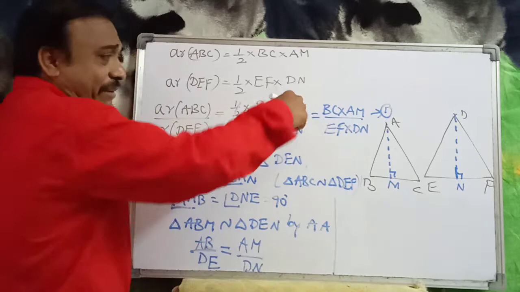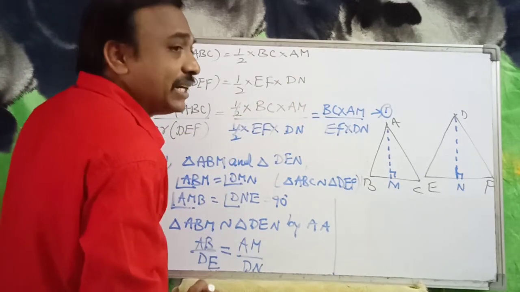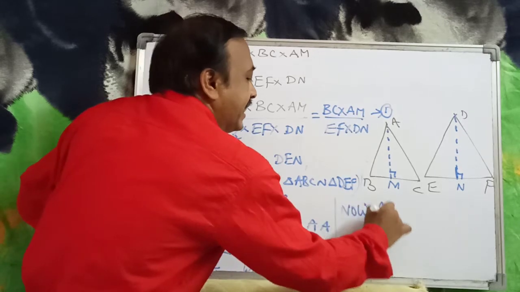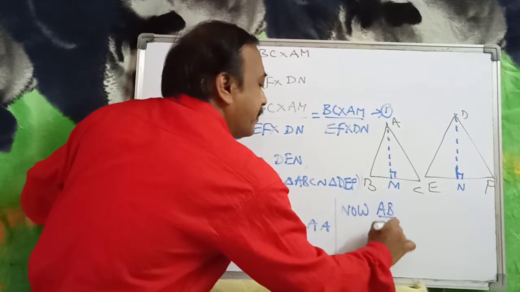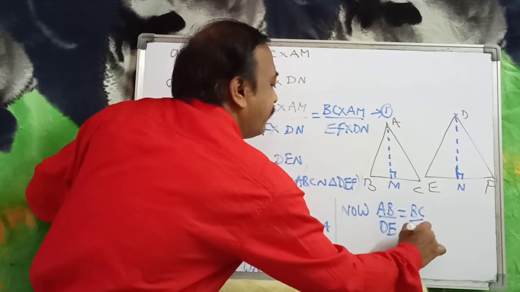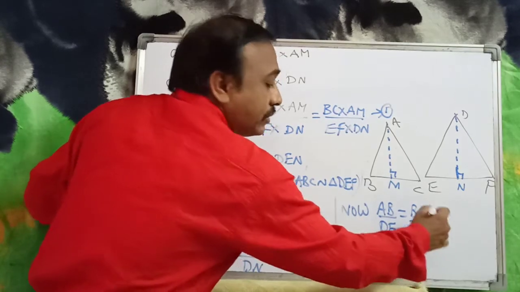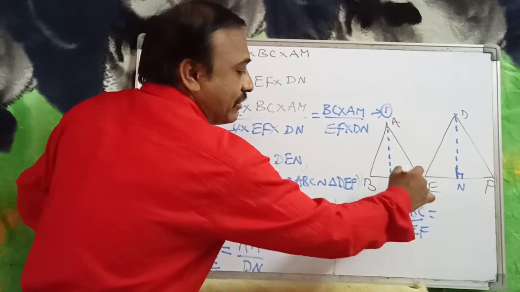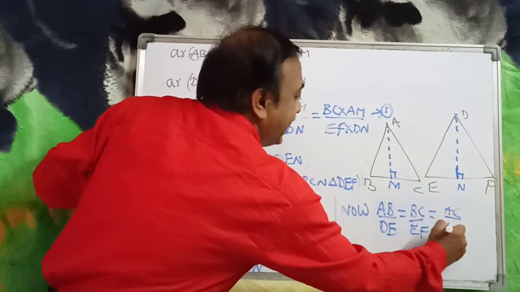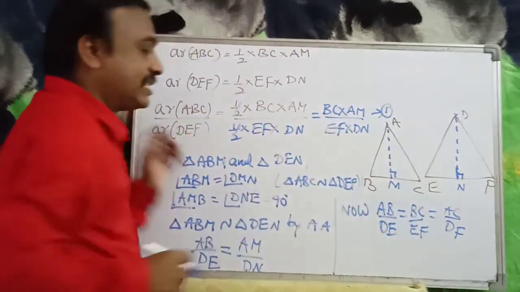Now triangle ABC is similar to triangle DEF, so AB by DE is equal to BC by EF is equal to AC by DF. Why did I write this?